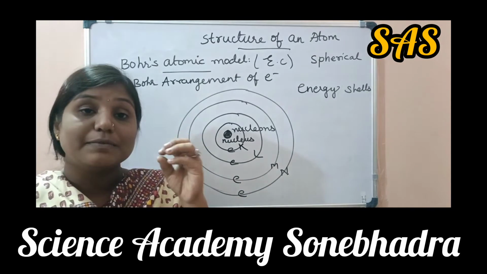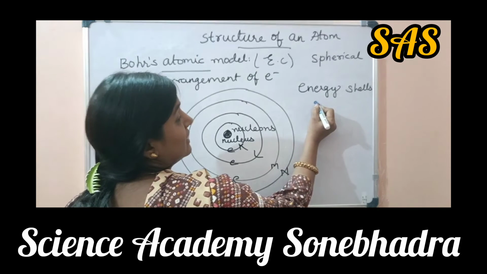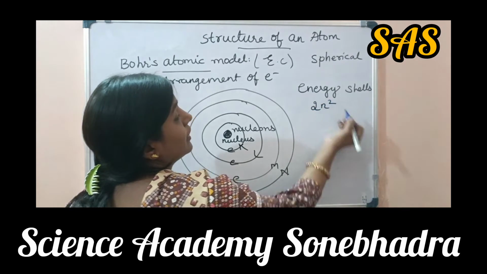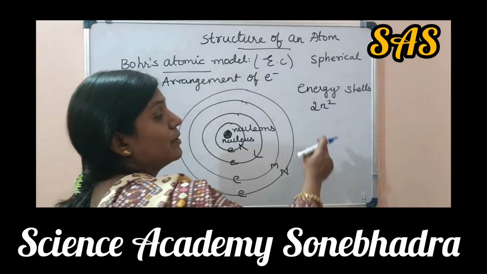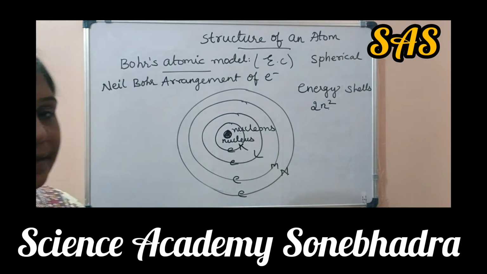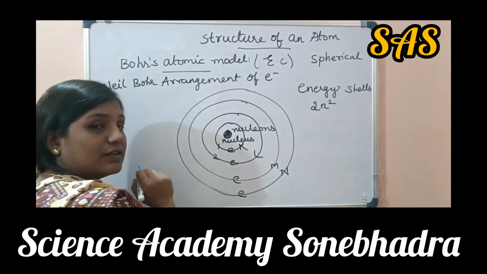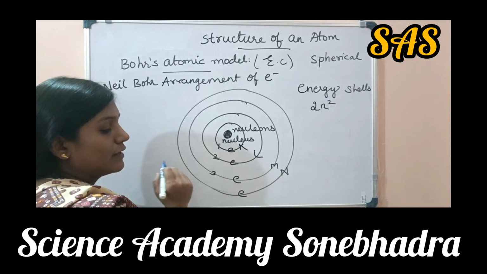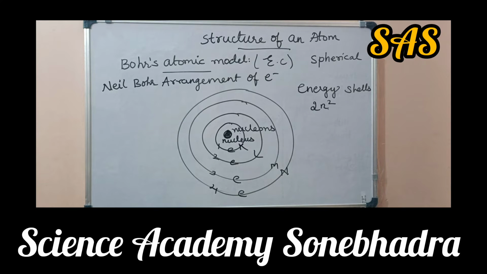The maximum number of electrons that can be accommodated in a shell is given by the formula 2n square, where n is the number of the orbit. n value is 1 for first orbit, 2 for second orbit, 3 for third orbit, and 4 for fourth orbit.